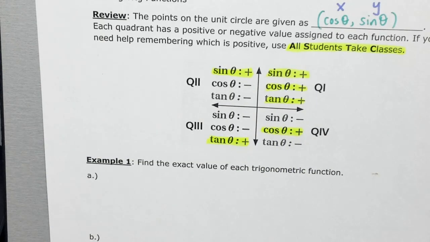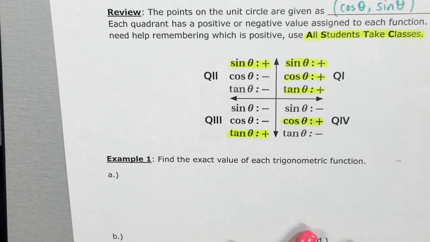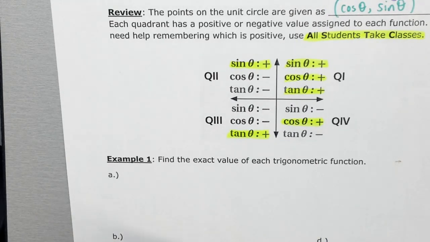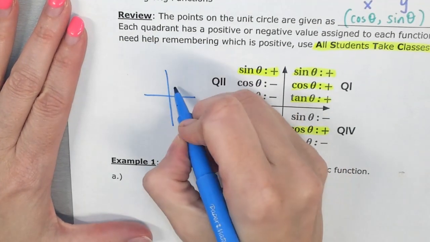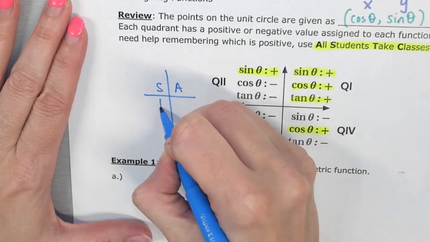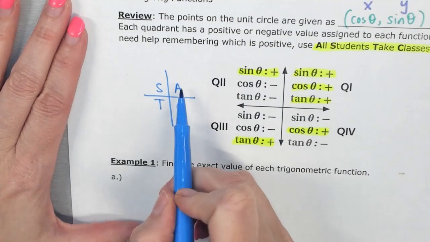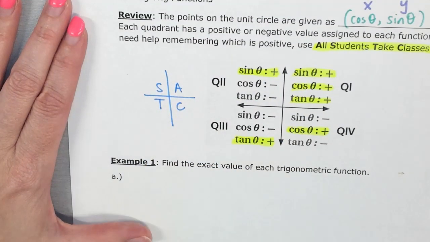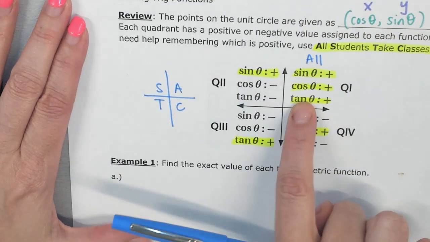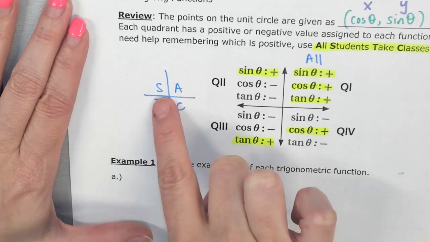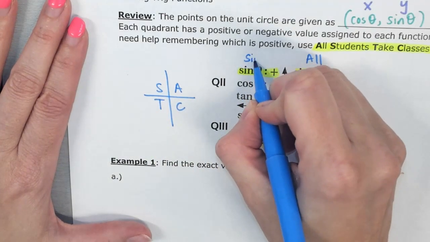Usually when we do this, I'll just set up a 4 quadrant, and we'll say all students take classes. You start in 1 and then you go around. All students take classes. The all actually stands for all of the trig functions. The students stands for sine.